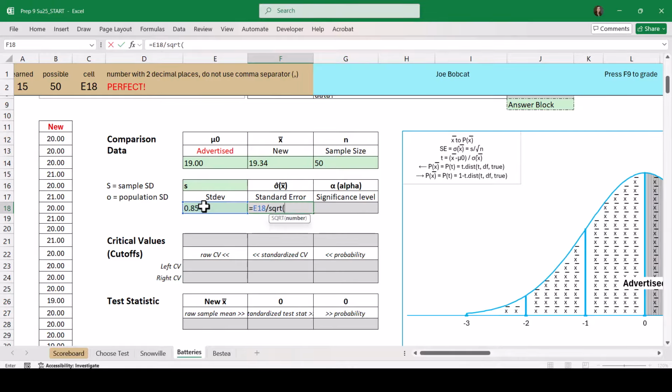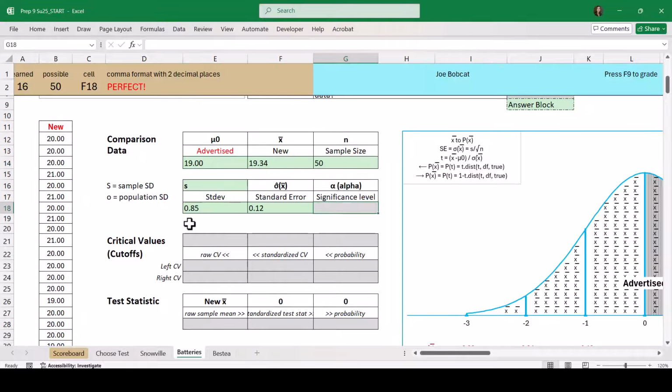This formula usually requires the population standard deviation. We do not know it, so we're going to substitute our sample standard deviation. And I got a standard error of 0.12. So on average, we expect a sample to differ from the population mean of 19 by 0.12.